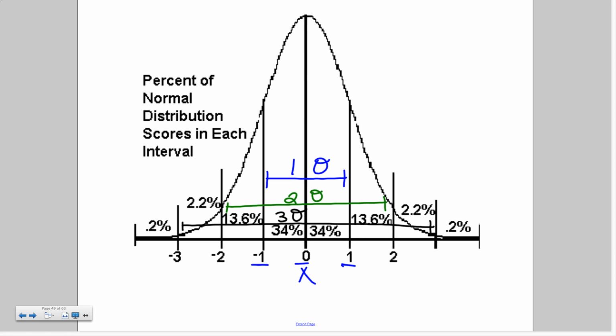Now, I will go ahead and tell you the percentages that are listed. So this 34 and 34, those will always be there. These are always going to be the same, so you can memorize these. Your numbers are going to be 0.2% for anything bigger than three standard deviations left or right.